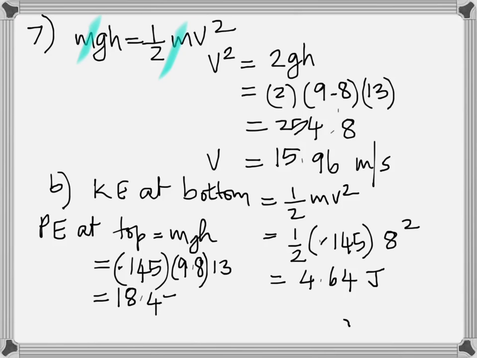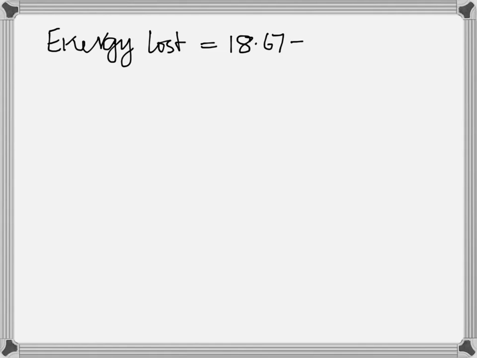So now you know how much energy was lost. If you take the difference between the potential energy at the top and the kinetic at the bottom, you know how much work was done against the air resistance. So the energy lost is the difference.